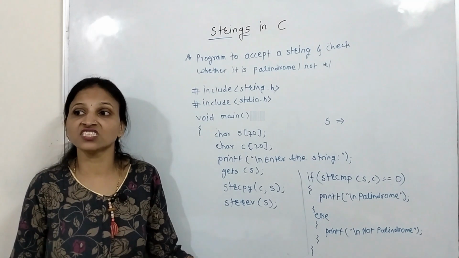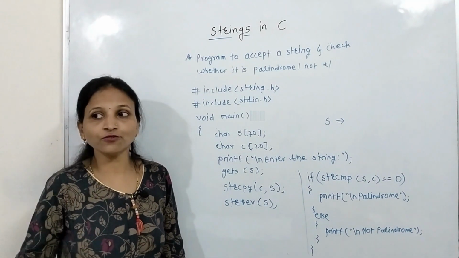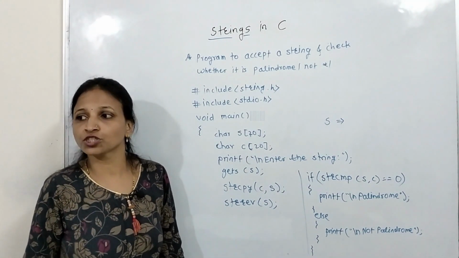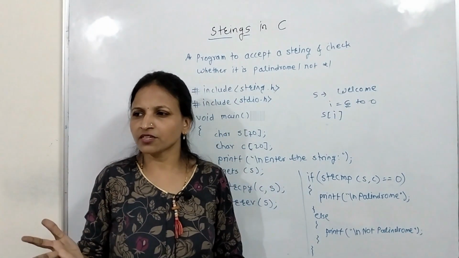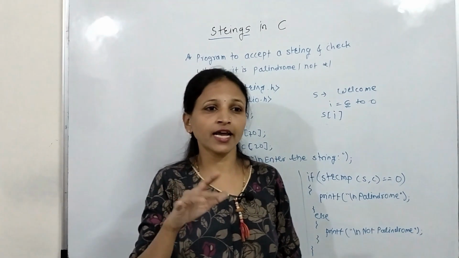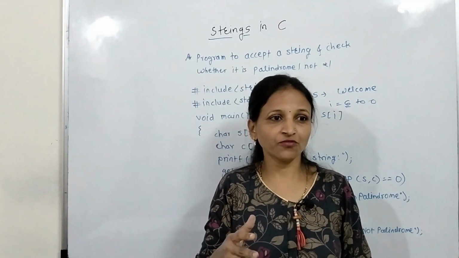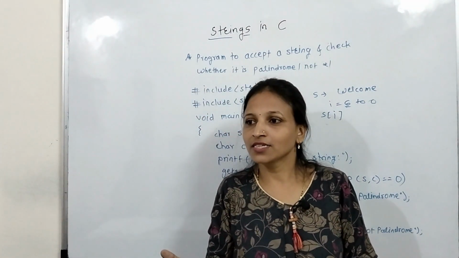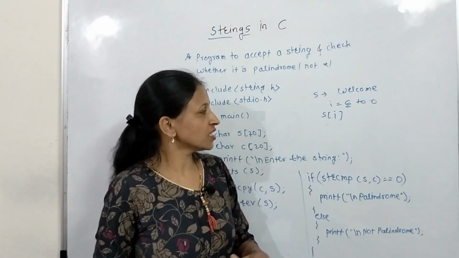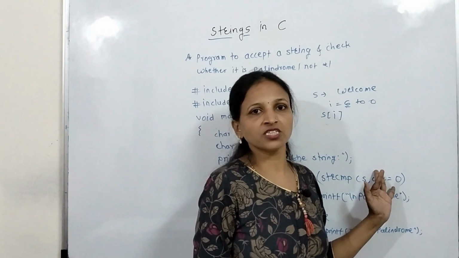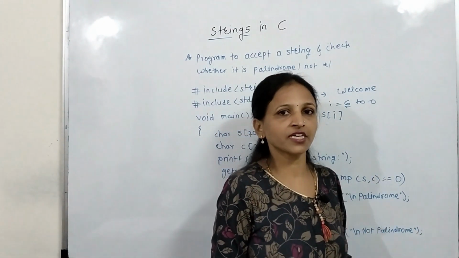Without using string.h, again you can use some different logic to check whether the given string is palindrome or not. See, one more function is there, that is strlwr, to convert the string into lowercase, strupr uppercase. These are all string oriented functions present in the string.h header file.